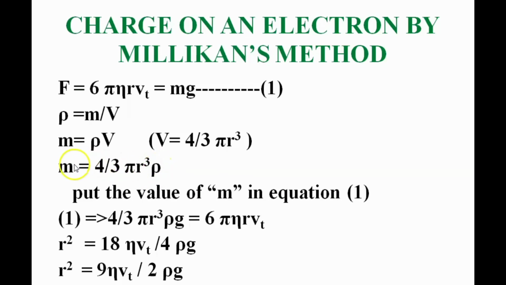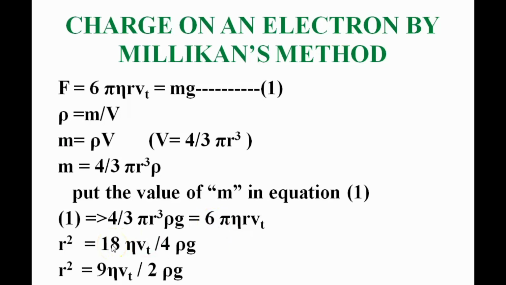Now put the value of m in equation number 1. So equation number 1 will become 4 upon 3 pi r cube, density multiplied by g, which is equal to 6 pi eta r Vt. Now cancel this value. Pi will be cancelled, this r will be cancelled, and this is r square. Solve it further by cross multiplication. This 3 will multiply by 6, so it will become 18.